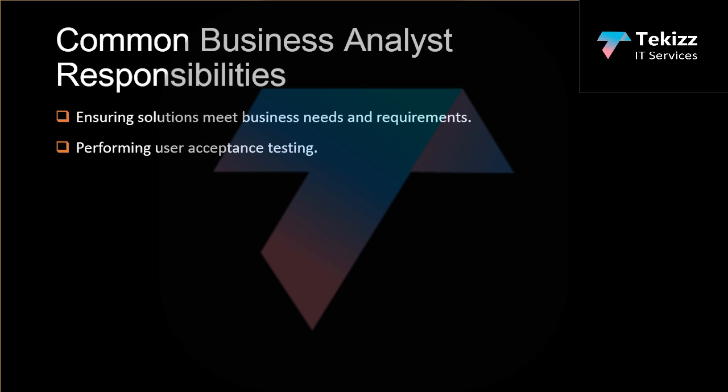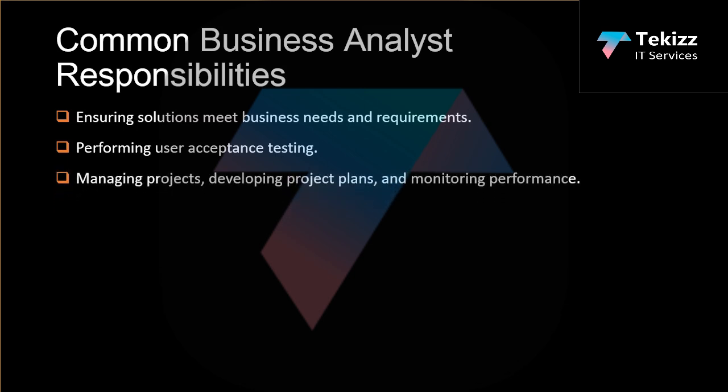So at the end of every stage, it will be a responsibility of a business analyst that they do a UAT testing to check if the specification or requirement is met or not, and if the test result is failed for a particular project or anything, so they will pass it to the developer.